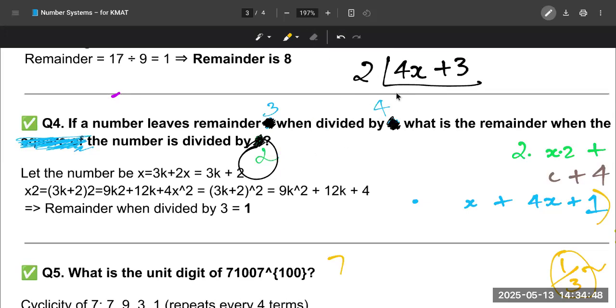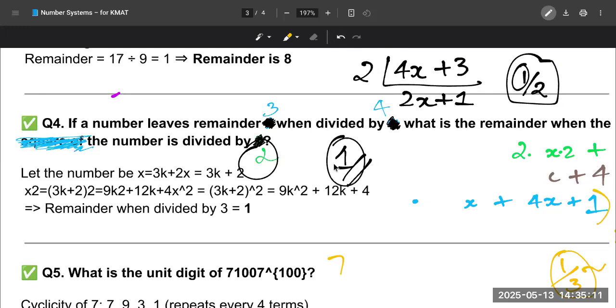What is 4x divided by 2? 2x. What is 3 divided by 2? 1. And then 1 is a remainder. We'll get 1 divided by 2, that means 1 is a remainder. 1 was the answer which I was expecting.